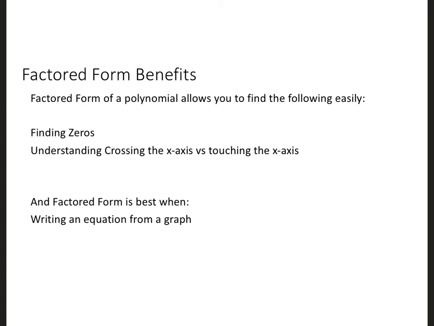And then also, it's best to use factored form when you're trying to write an equation of a polynomial, especially if you have the graph. So we'll take a look at some examples of finding zeros from factored form, understanding crossing versus touching using factored form, and then writing an equation using factored form.